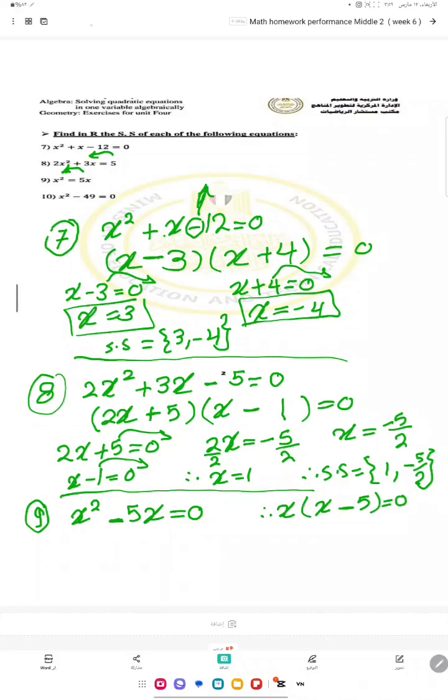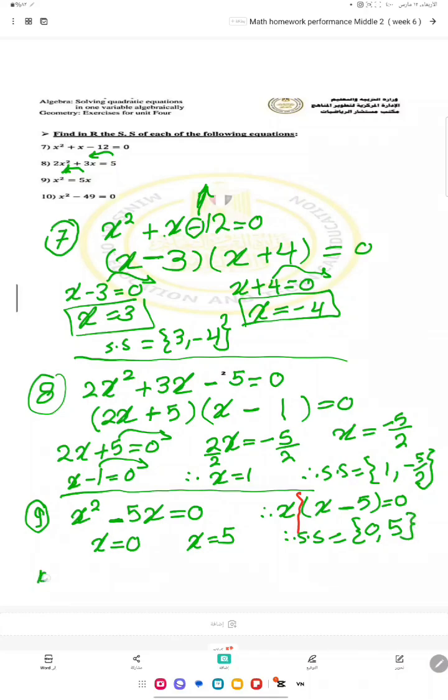Now we can divide these two parts. So we can say the first value of x will be x equals 0, and x minus 5 equals 0, directly x equals 5. Now the solution set will be 0 and 5.